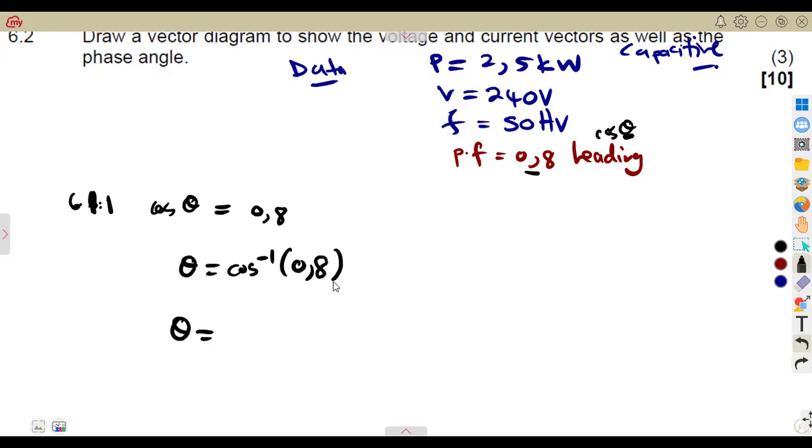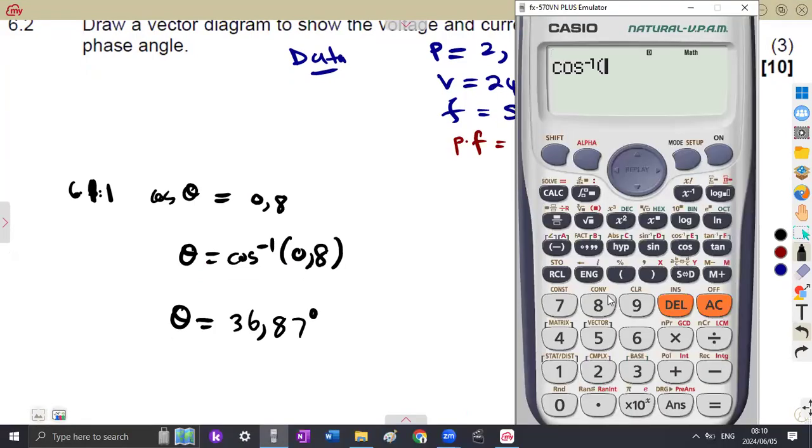That is shift cos on your calculator. So that is going to be 36.87 degrees. You can fix your calculator to 3 decimal places, then you can round off. Let me just show you what I'm trying to say. That is shift cos 0.8.